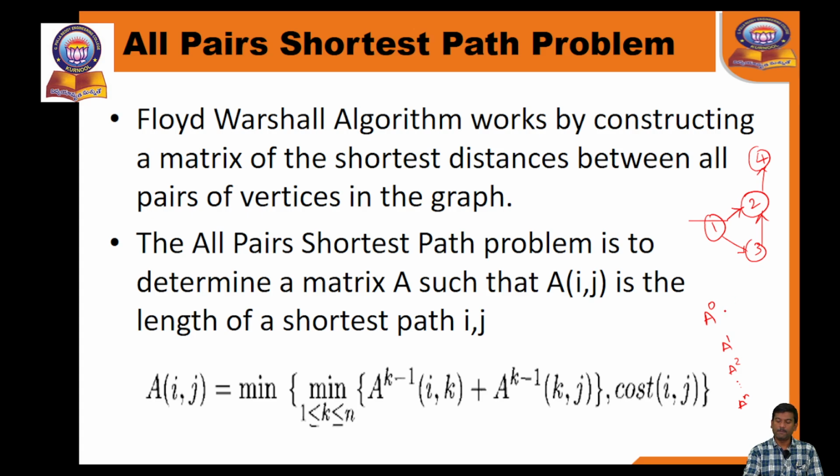So you'll find A0, the cost adjacency matrix which is provided, and in the next stages you'll find A1, A2, A3, as well as A4. Because here the k value ranges from 1 to n, where n indicates the number of vertices. So this is how we can explain the statement: i and j are the vertices, k indicates the stage, and the value of k ranges from 1 to n.